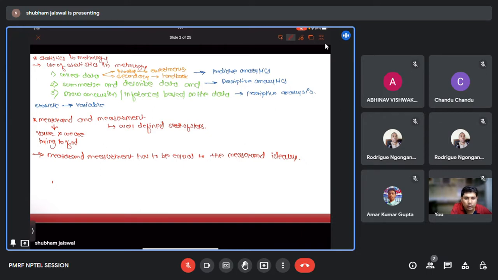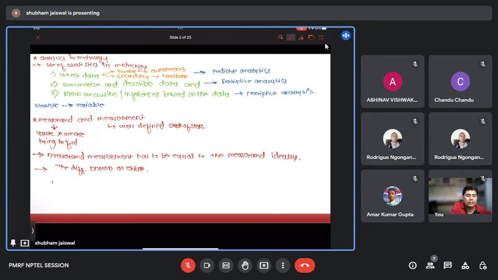But what will happen, we will not get the original measurement value. Okay, sometimes we get some error. Okay, like some deviation in that thing, or some less or some more. Okay, so the difference between the measurand and measurement is known as the error.